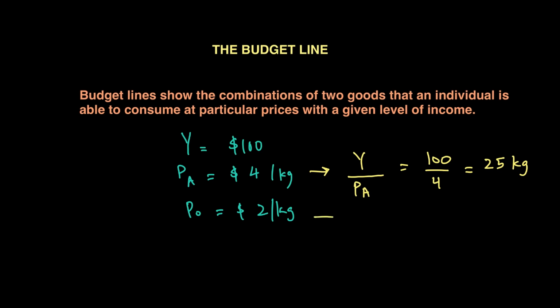On the other hand, if he's only buying oranges, I'll do the same thing. I'll say Y over P_o, or 100 over 2 in this case, or 50 kgs.